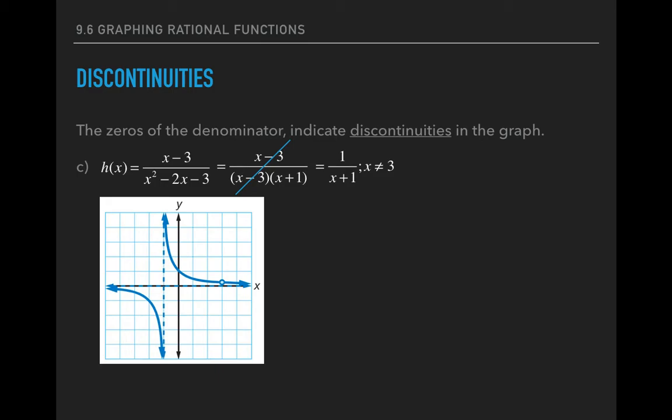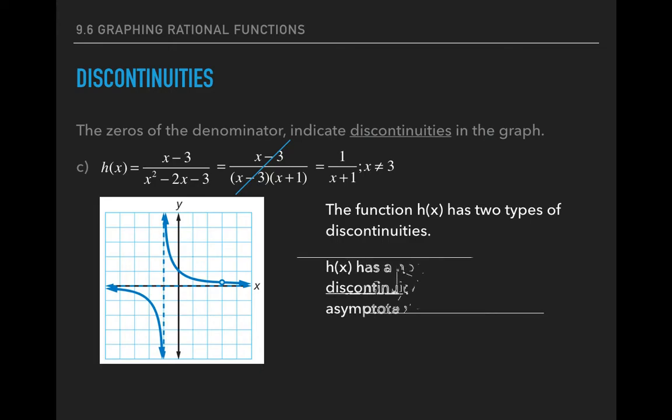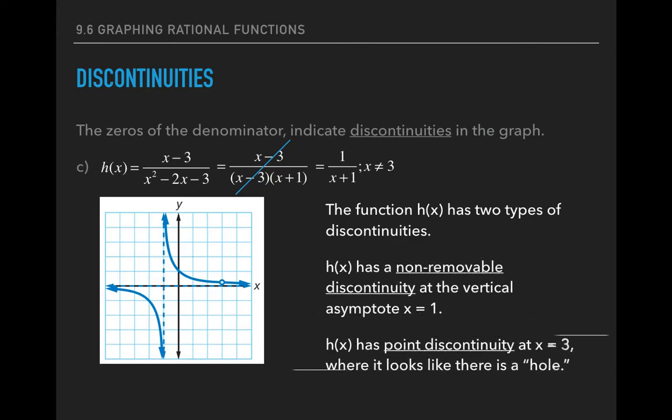we have to include that x cannot equal 3 because the original, before we simplified, that was a factor, but we removed that factor to simplify our function. And when you do that, there it is.